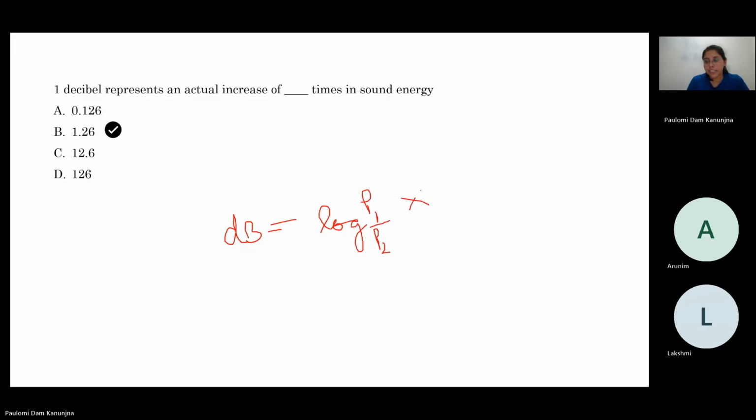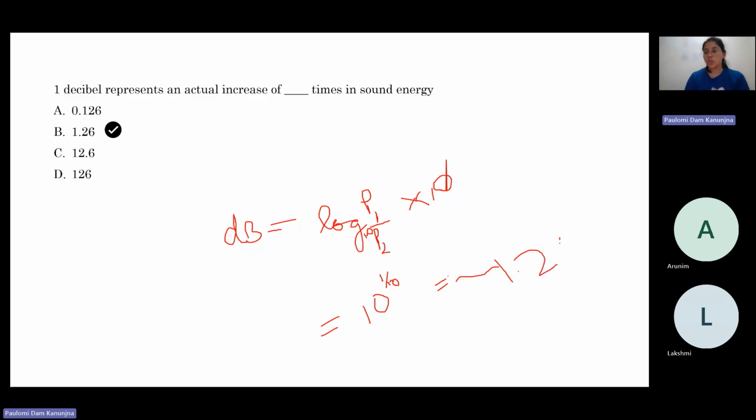Deci, because I'm talking about 10 times the log 10 of these values. So when you have a 1 decibel increase, your power increases by 10 to the power 1 by 10, which is somewhere around 1.25 something, rounded off to 1.26.